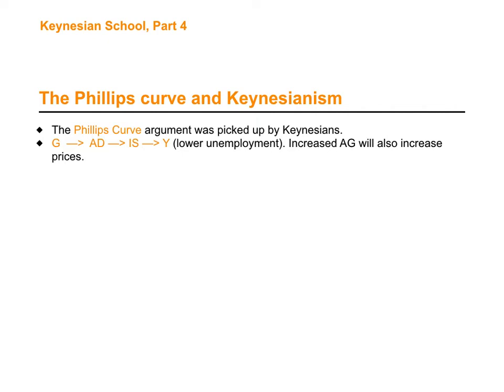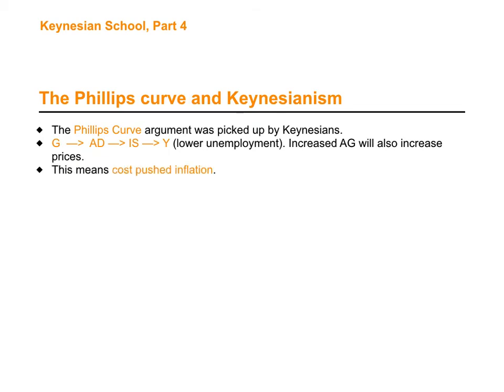An increase in production is going to be associated with reductions in unemployment, but also an increase in aggregate demand is going to increase prices and money wages specifically.